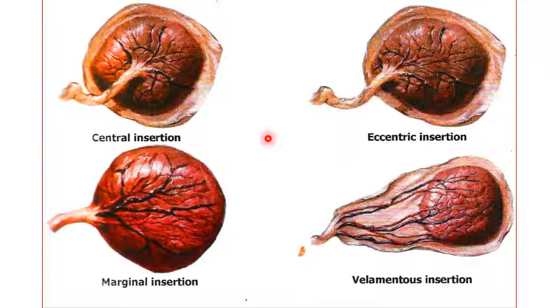This is the eccentric insertion of the cord, near the center, in 70%, and this is central insertion of the cord in 30% of cases. This is an abnormality: the marginal insertion of the cord, the battledore insertion, and here is the filamentous insertion of the cord.